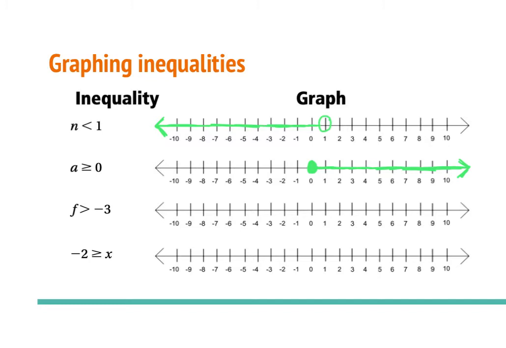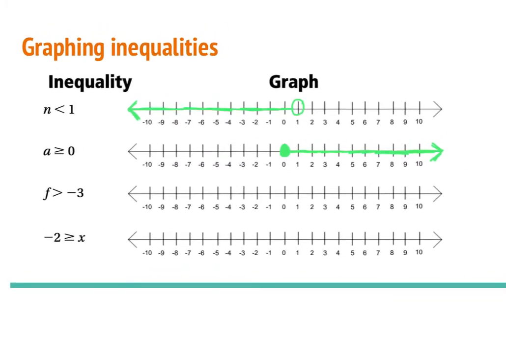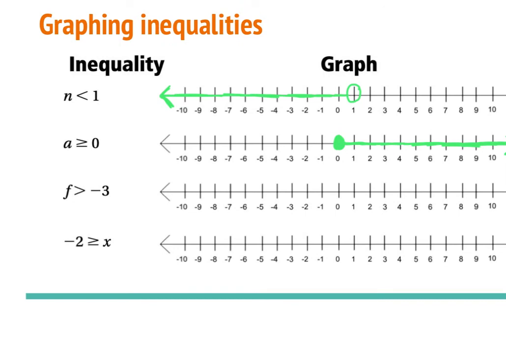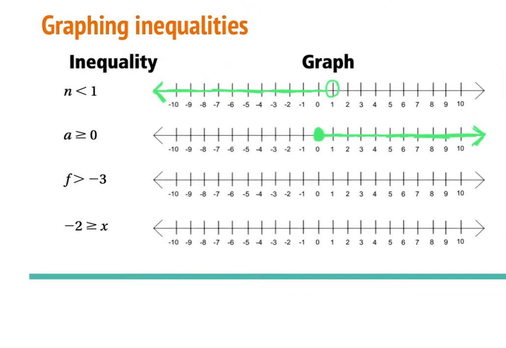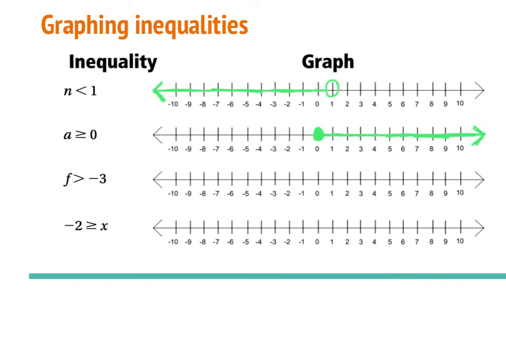And in this case, that's to the right of 0 on the number line. All right, so f greater than -3. So let's find -3. And we're going to put, remember, an open circle because it's not equal to. And if f is greater than -3, it could be -2, it could be -1, it could be 0. So we're going to shade in this right-hand portion of the number line.